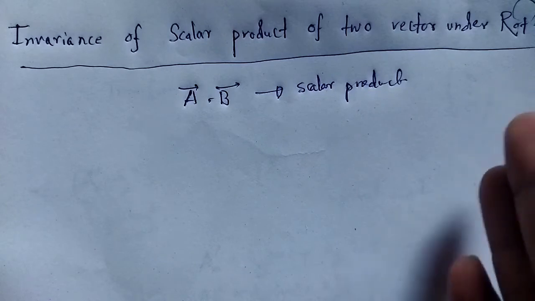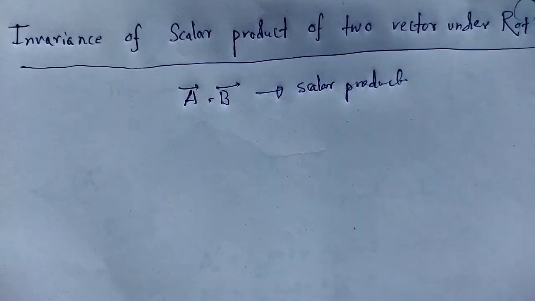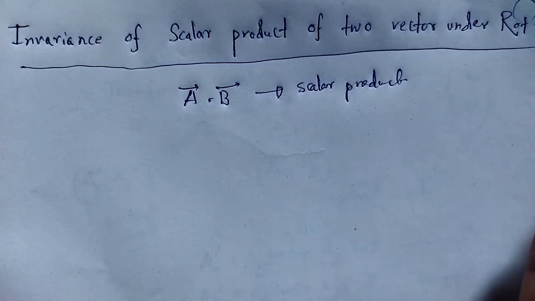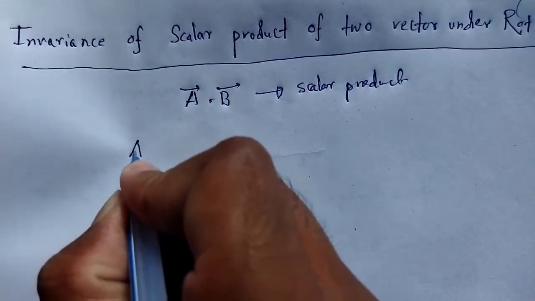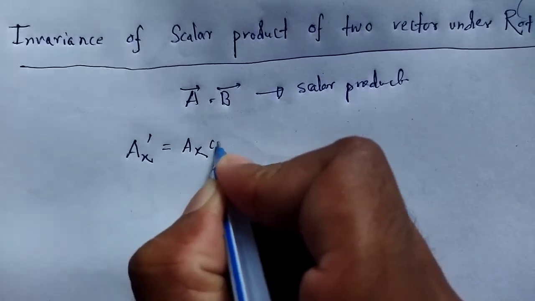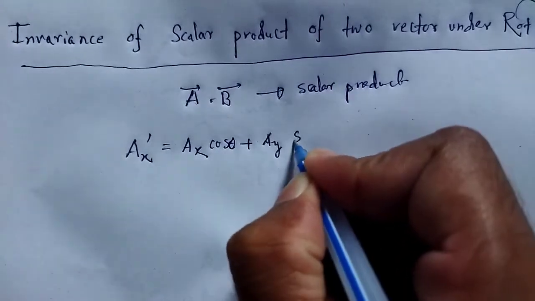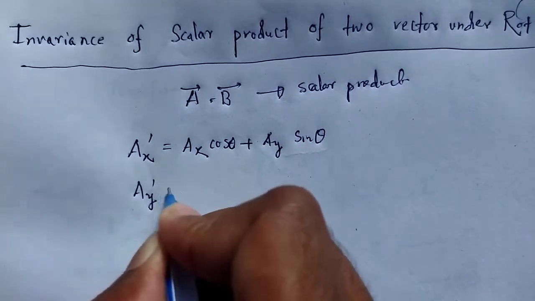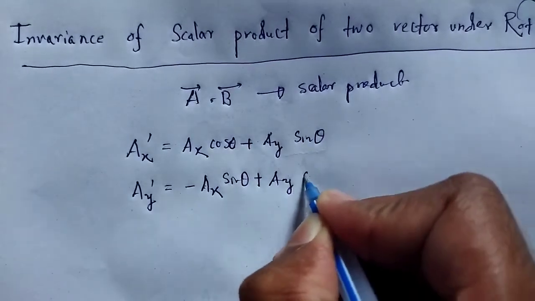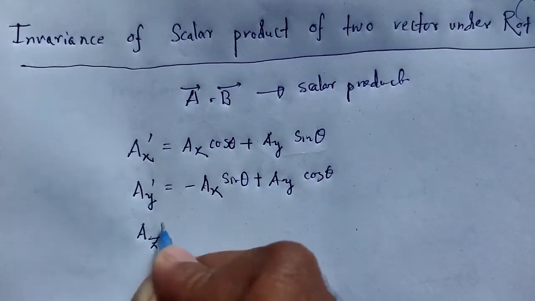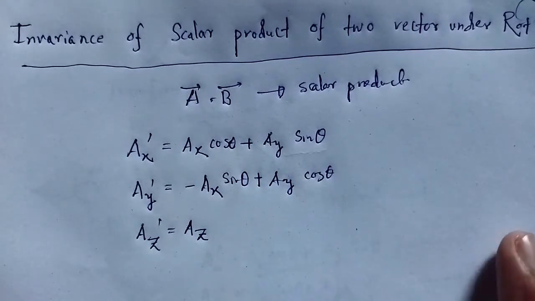If we consider the rotation of the Cartesian coordinate system about the z axis by an angle theta, then, as discussed, the transformation of the components of vector A under rotation of the x and y axes through an angle theta about the z axis is: ax dash is equal to ax cos theta plus ay sin theta, ay dash is equal to minus ax sin theta plus ay cos theta, and az dash is equal to az, which is constant along the z axis.